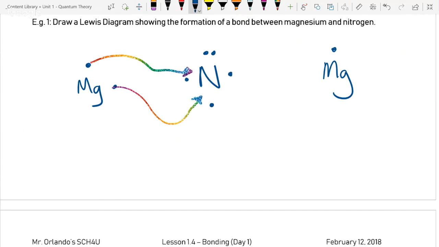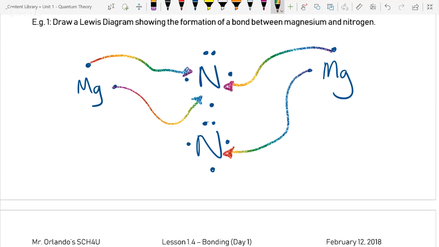Okay. Yeah, you're right. So now nitrogen's happy, but now we need another nitrogen. Well, obviously now we can do this. And then what do we need? We need another magnesium.